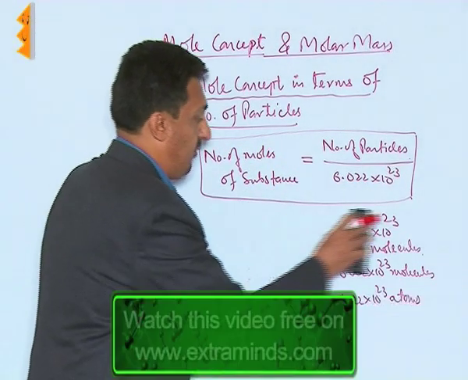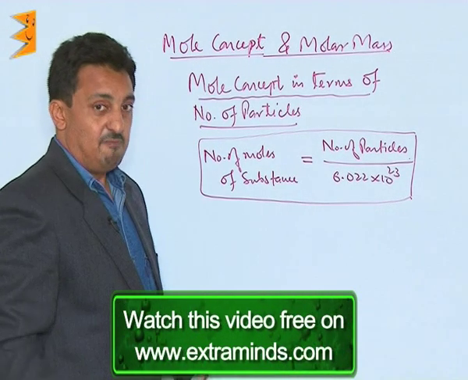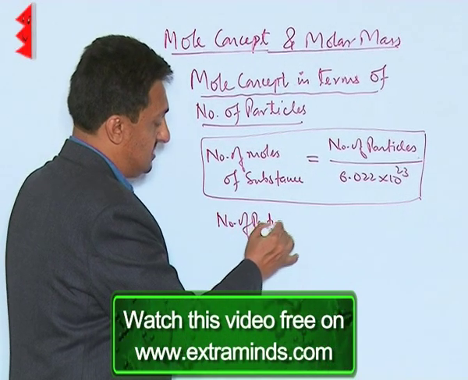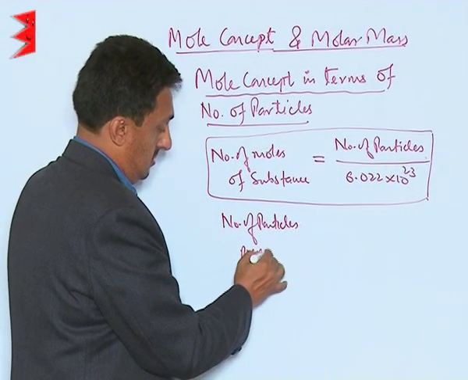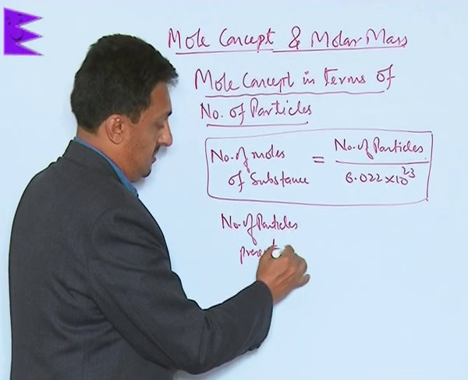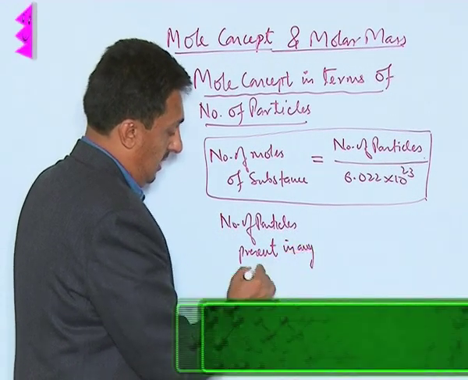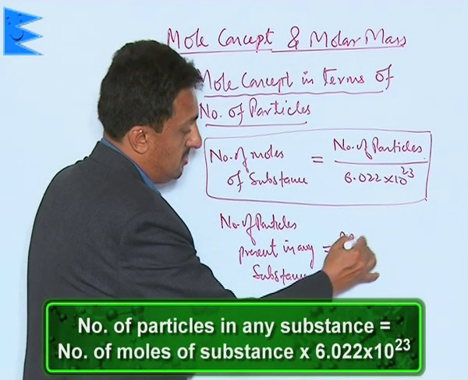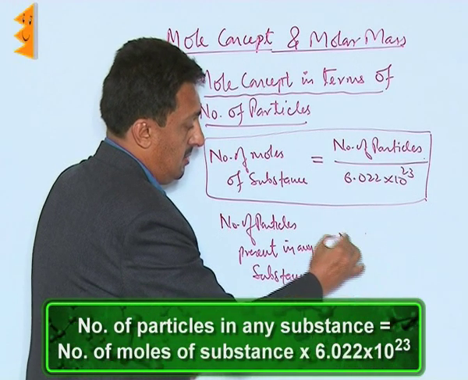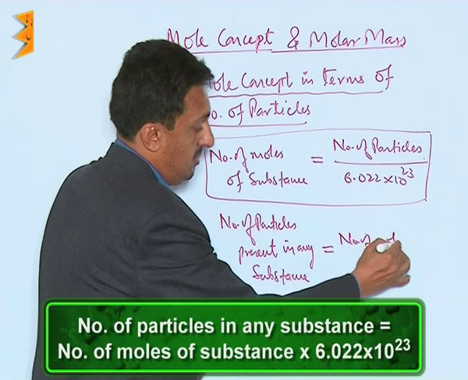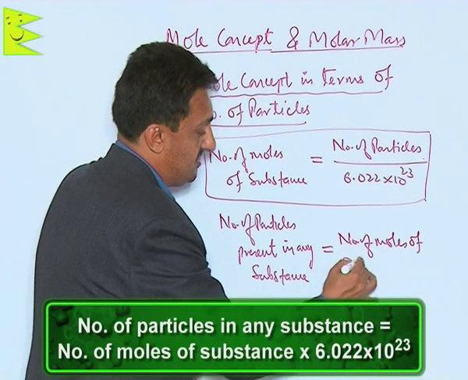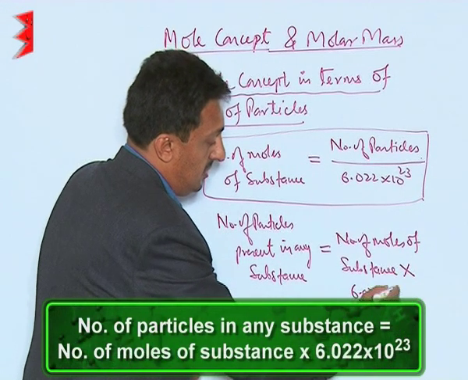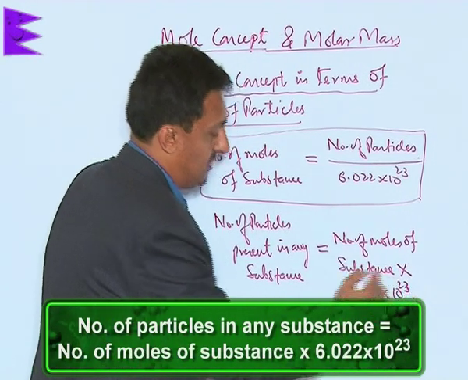Or if we want to find out the number of particles present in any substance, it is equal to number of moles of substance into 6.022 into 10 to the power 23.